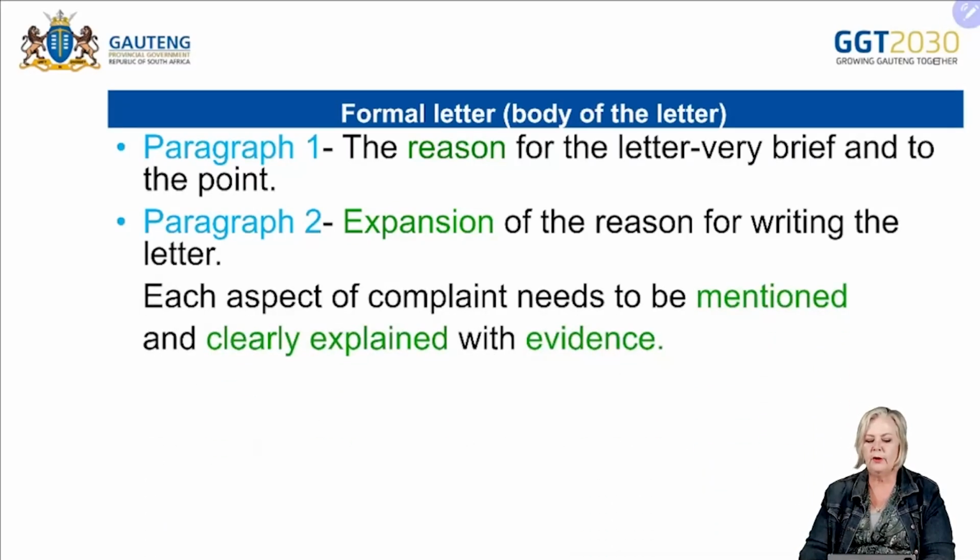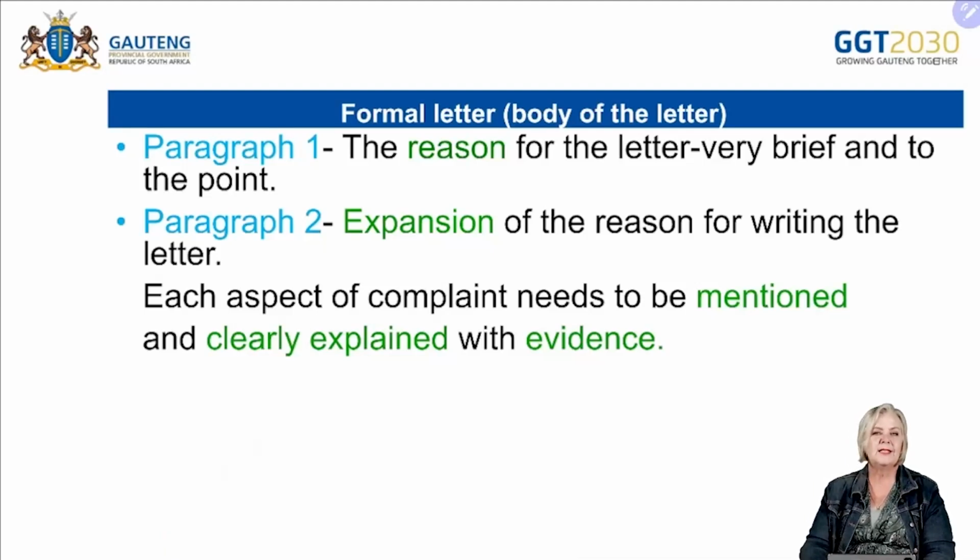Each aspect of the complaint needs to be mentioned and clearly explained with evidence. For example, you are writing to the municipality about the state of the general park in your area.